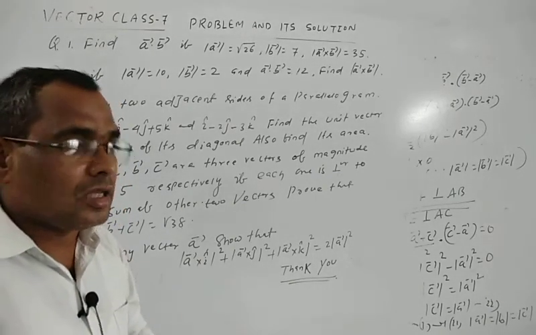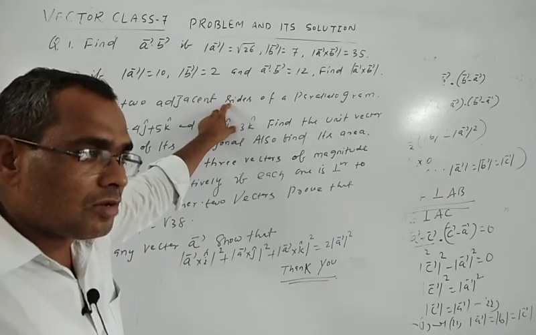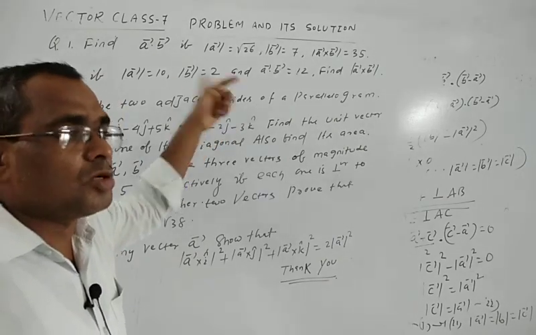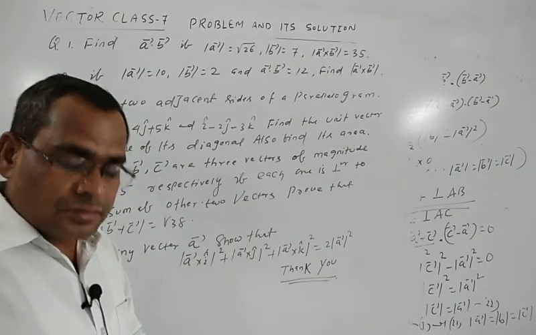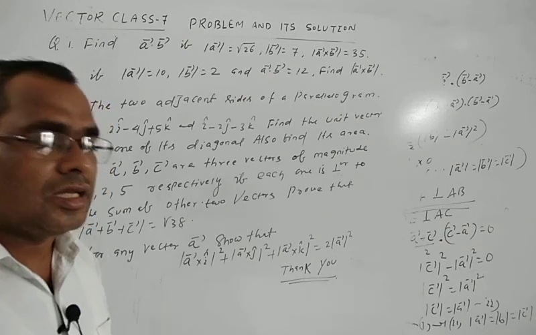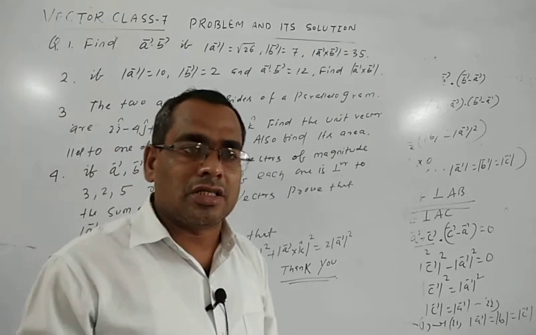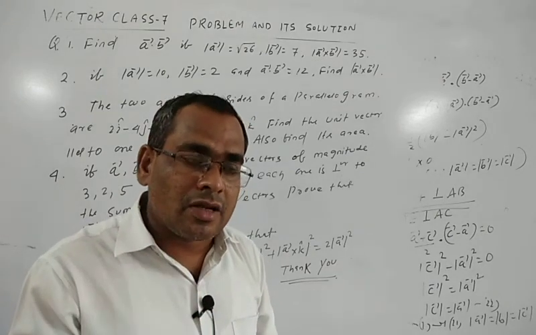One diagonal is the sum of these two adjacent sides, and the other diagonal will be the difference. In a parallelogram, if A vector and B vector are the two adjacent sides, then A vector plus B vector is a diagonal, and A vector minus B vector is the other diagonal.